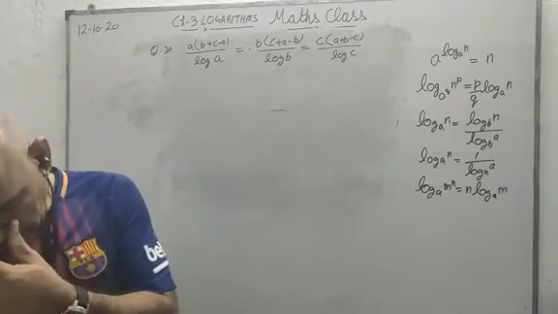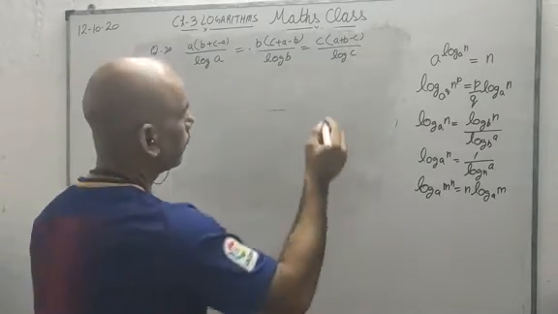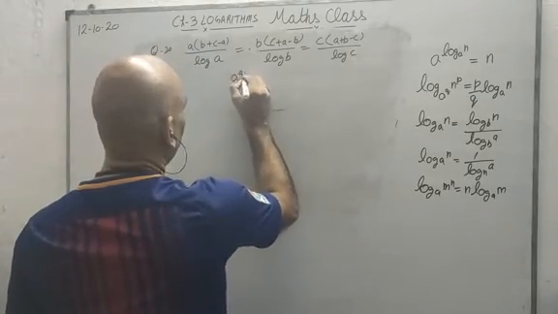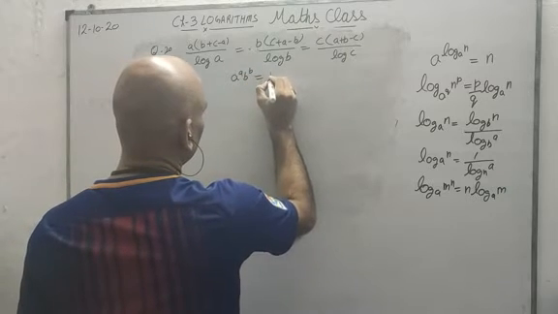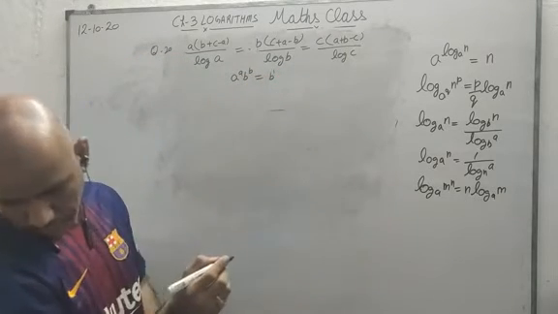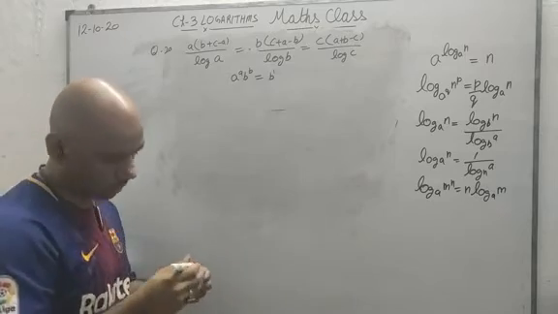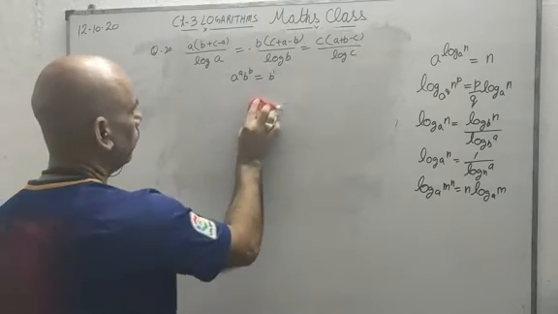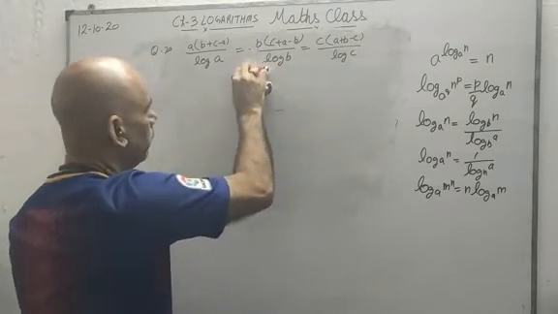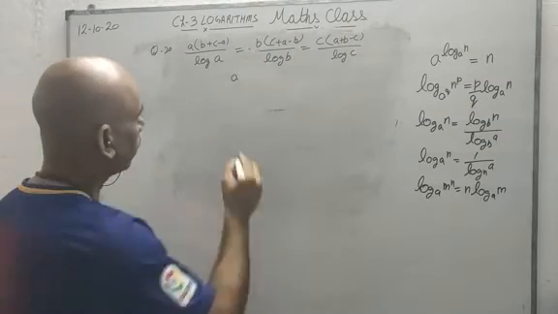This is given. And then he is saying prove that a to the power a, b to the power b is equal to, sorry, it's not so. A to the power b and b to the power a.